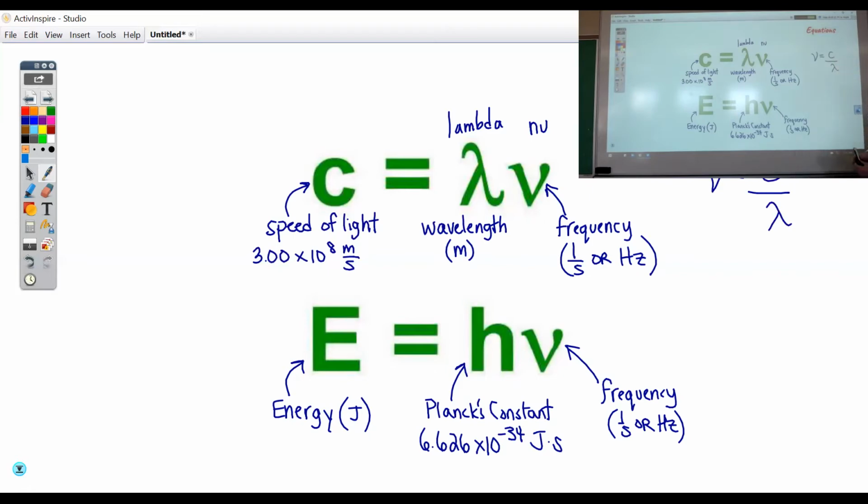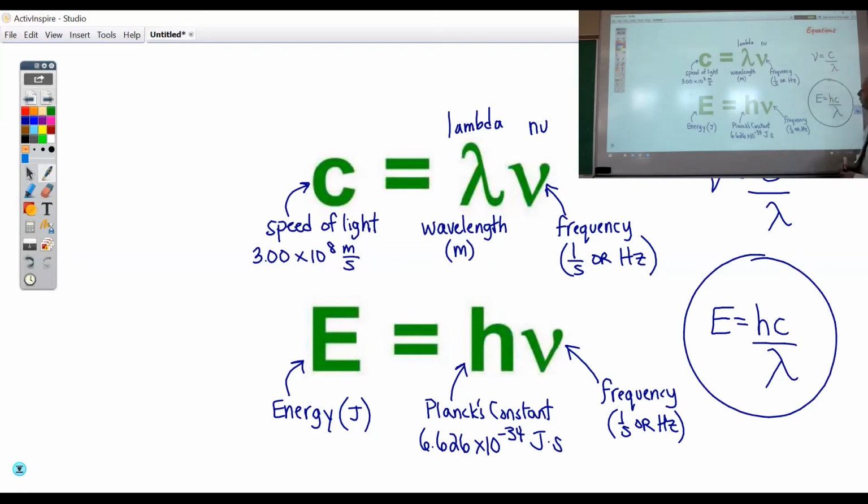Now that I have solved for frequency, I can substitute this equation, speed of light divided by wavelength, in for frequency down here, and we wind up with a new equation, which says that the energy is equal to Planck's constant times the speed of light divided by wavelength.